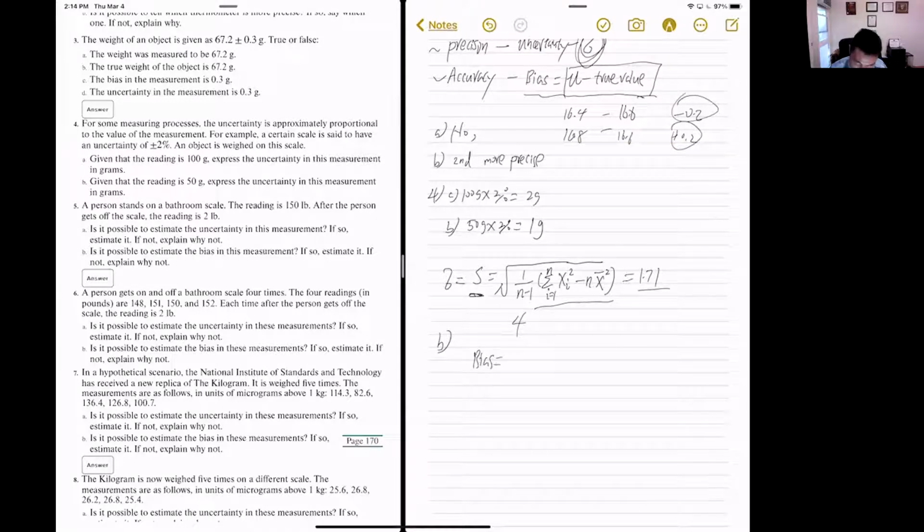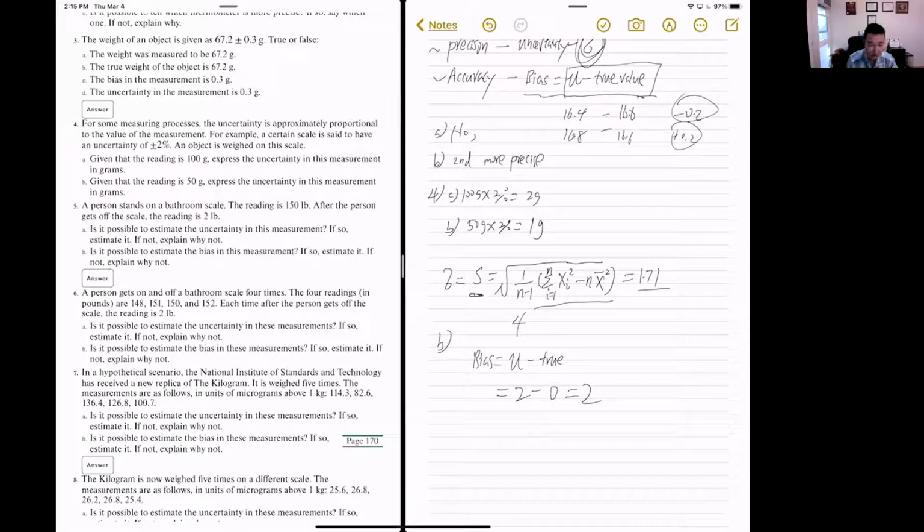So bias is mean value minus true value. After he got off the scale, he measured 2 pounds, but the true value is 0 pounds. So the bias is 2 pounds.